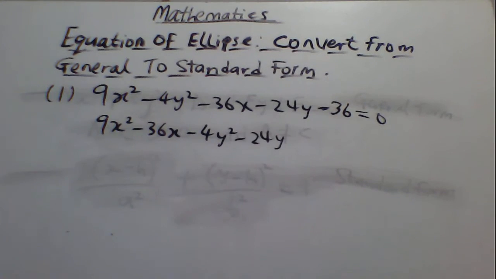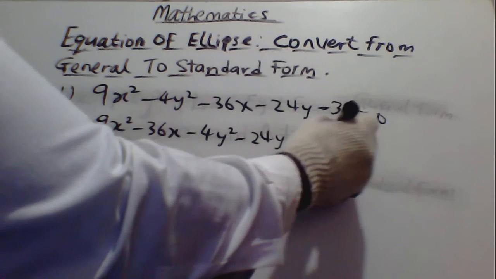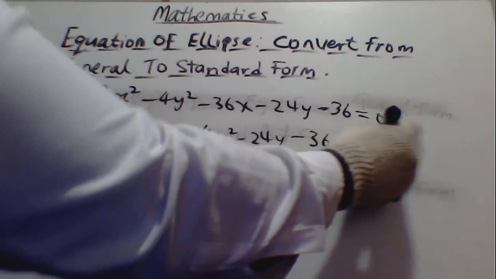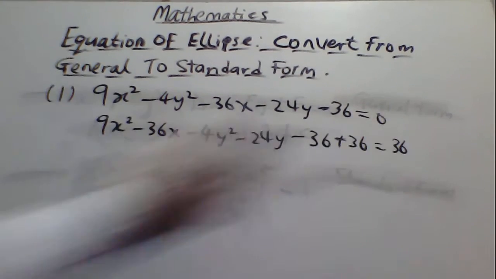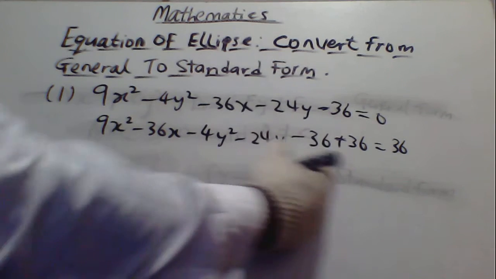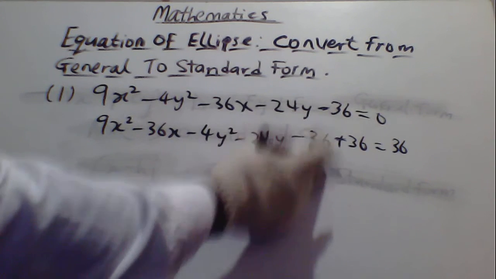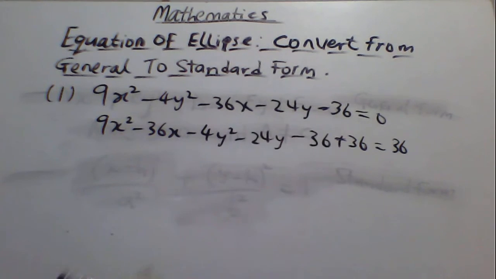The first thing is to add 36 to both sides. Minus 36 plus 36 will be equal to 0.